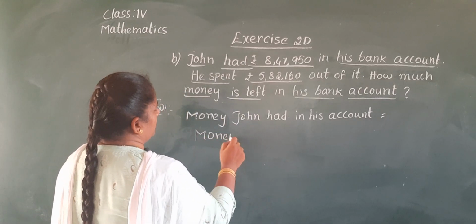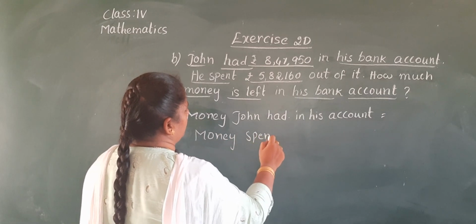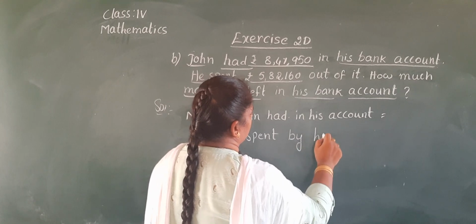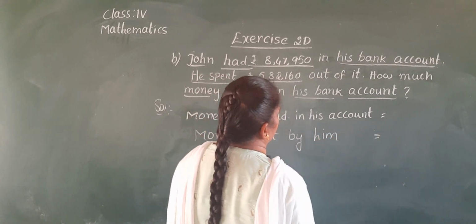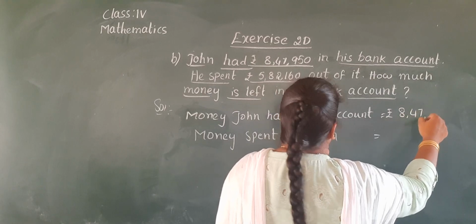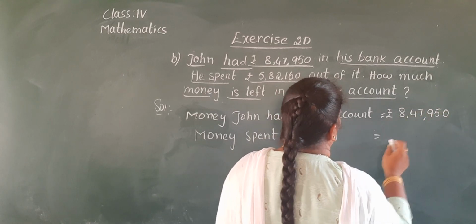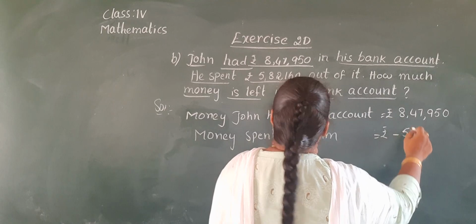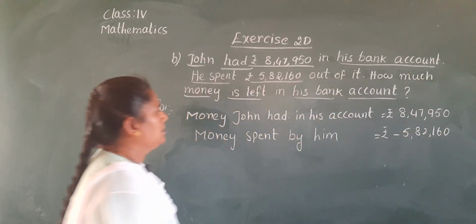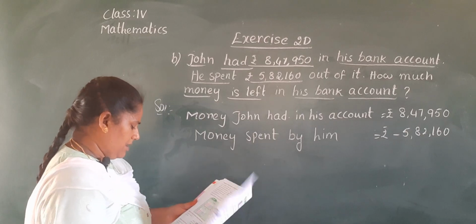Second step, money spent by him. So first one, 8,47,950 and spent 5,82,160 rupees. Okay, ma?